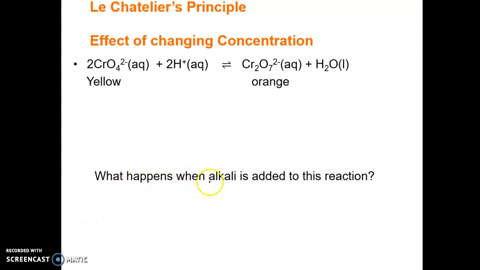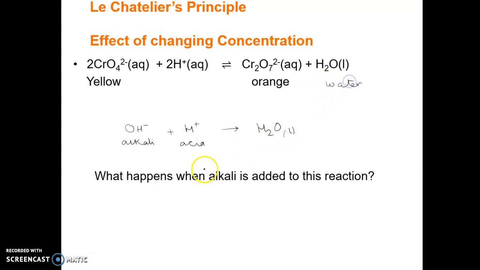Now, what happens when you add an alkali to this solution? You've got to remember an alkali contains OH minus. So that's your alkali. The alkali is going to react with the acid in the solution and it would produce water. We've got water here.